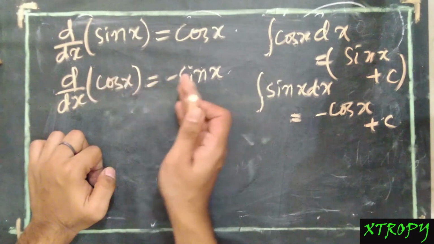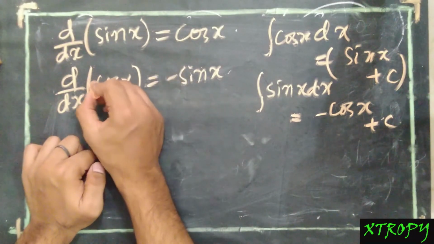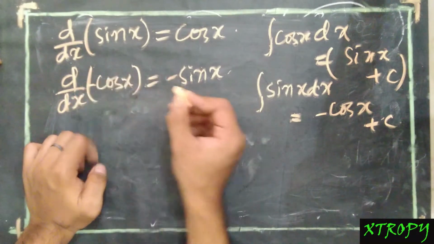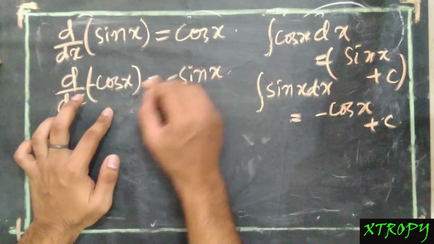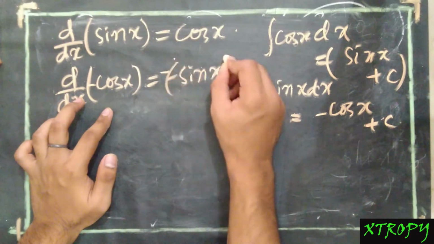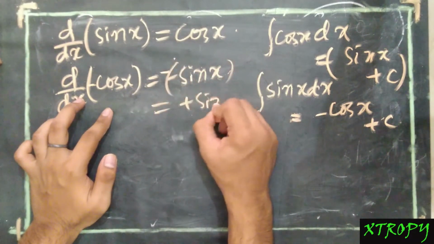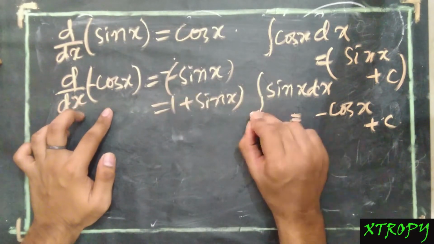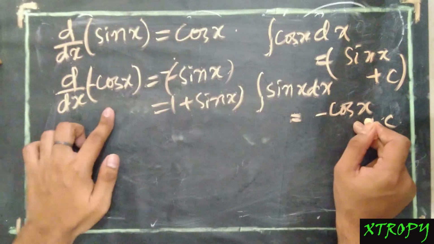You can put the minus over here, and then certainly it will be removed from here. Like, let this be the differentiation of minus cos x. So the result becomes minus of minus, and this turns to a plus sin x, right? That is why the integration of sin x gives you minus cos x.